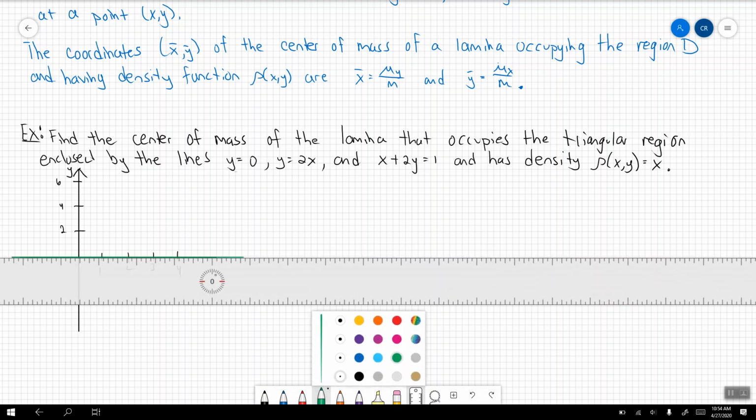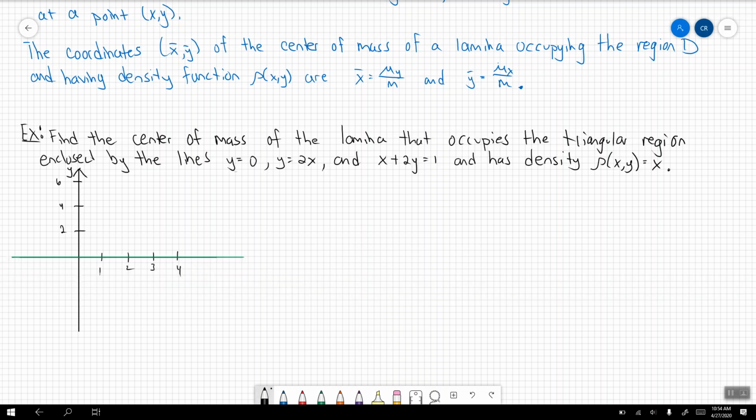This was the x-axis, and this equation here was y is equal to 0. Now I'm going to get y is equal to 2x. So if x is 1, then y is 2, and if x is 2, then y must be 4.